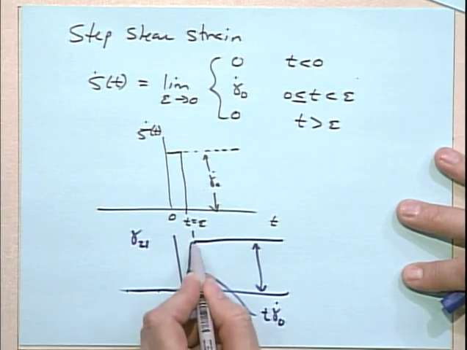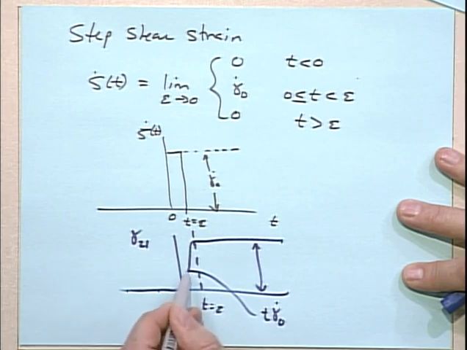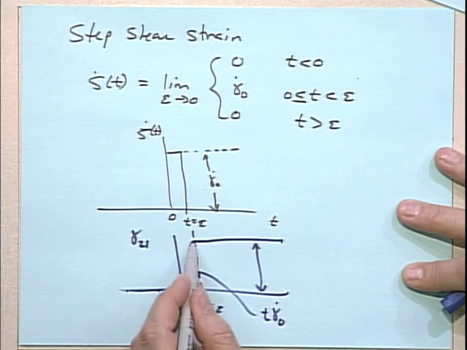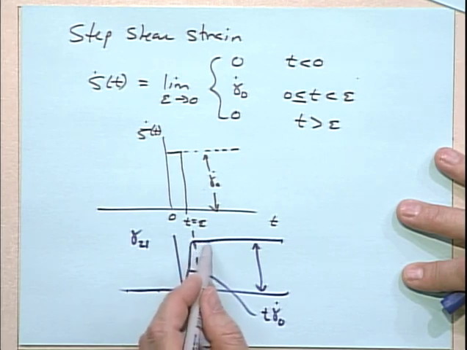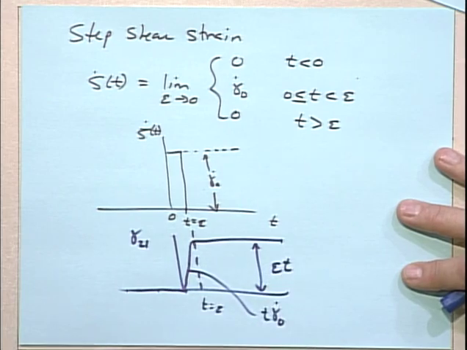And at this final point, the time is epsilon. So from here on, so here the strain is 0. Here the strain is epsilon over 2 times t. Here the strain is epsilon times t. And then the strain never changes. So this is epsilon times t is the strain that it stays at.